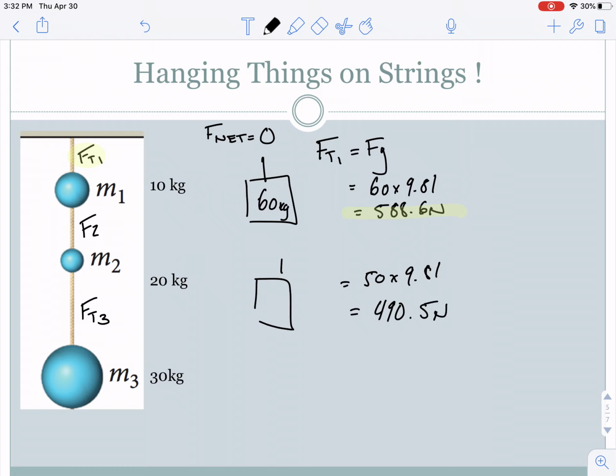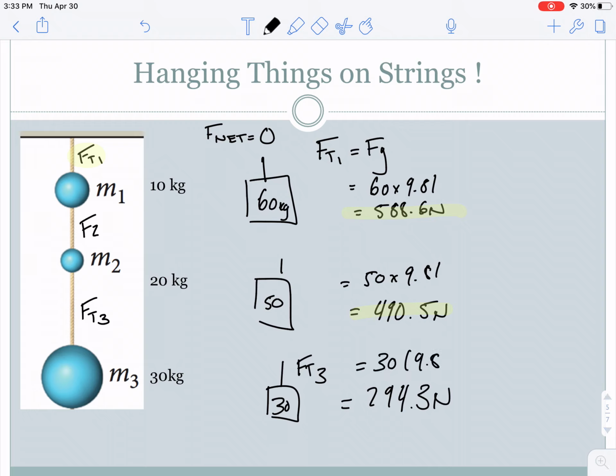Once again, this 50 number comes from adding M2 and M3 together. Thirdly, we can find this last one. A 30 kilogram mass has an FT3 of just 294.3 newtons. That's just 30 times 9.81. So basically in these questions, we're redrawing and drawing different situations to find the force of tension as blocks increase or decrease.